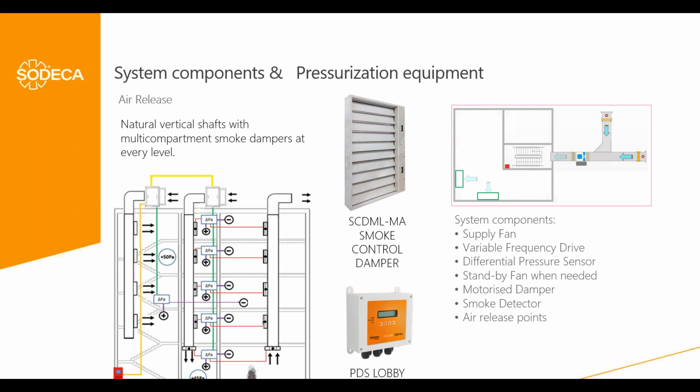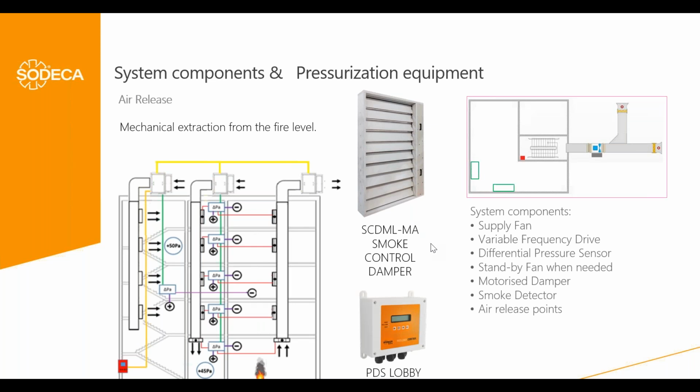When we use them in smoke control systems, we have another product, the smoke control dampers, with two possibilities: one multi-compartment with this EI classification to avoid the risk of propagation of fire, or in case these levels are one fire compartment, then we can use single compartment smoke control dampers.